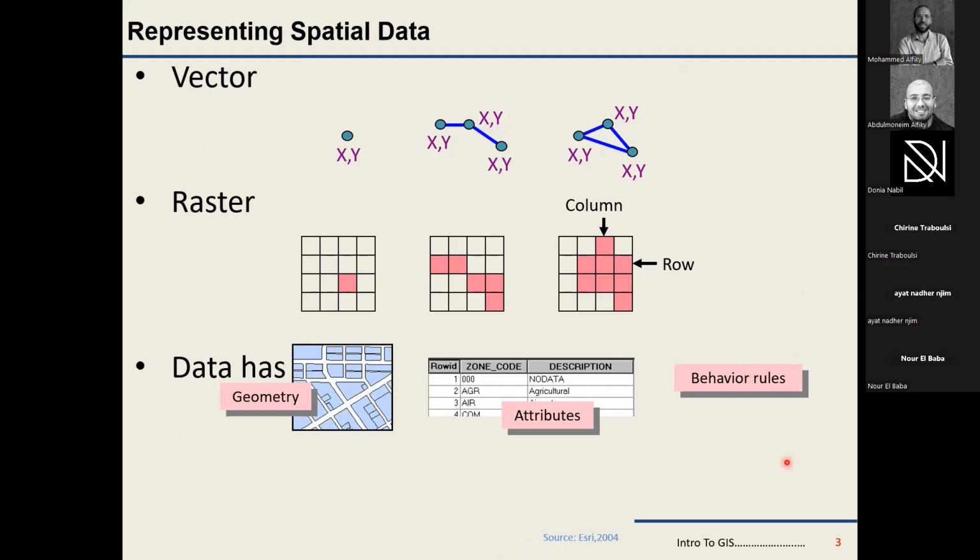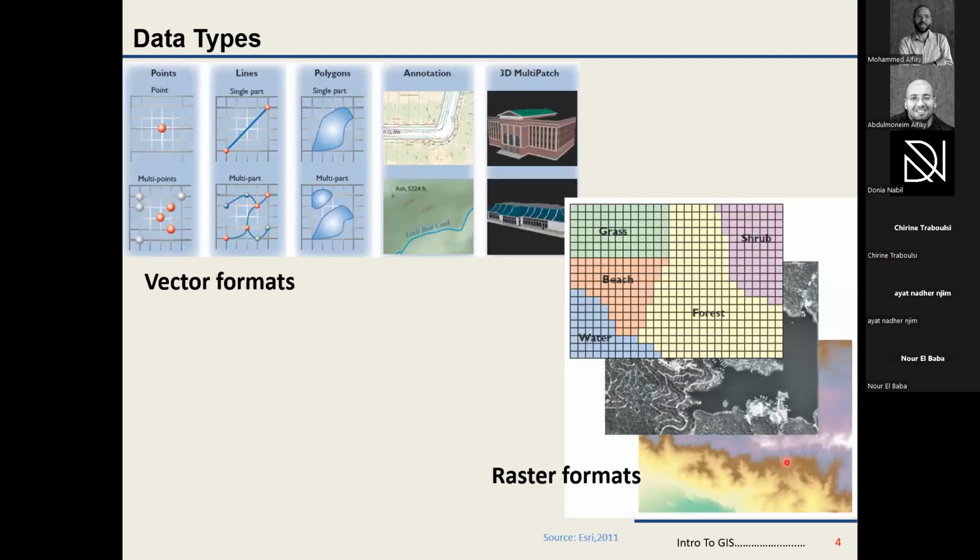As I said, this is a very fundamental issue, and we're going to tackle it one point at a time. So let's start first with the idea of vector and raster. As I spoke last time, vector data and raster data differ greatly from each other in the amount of data they store on the system.